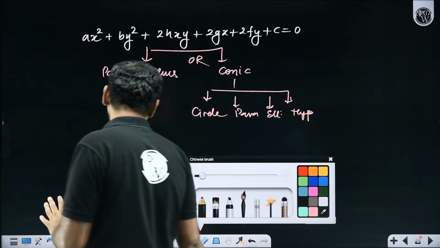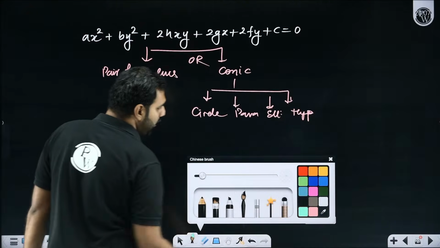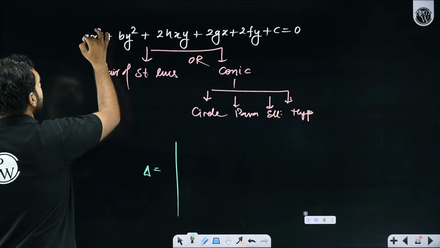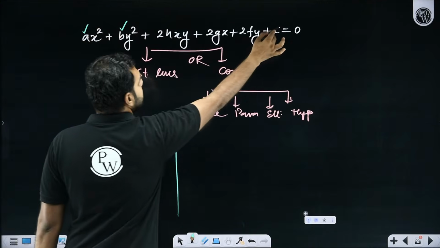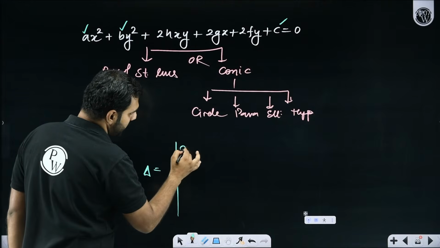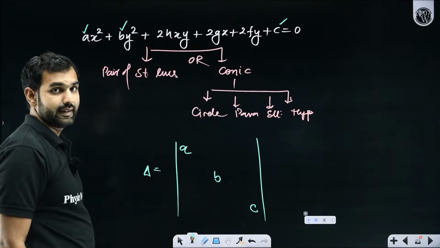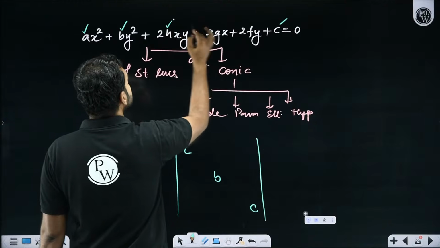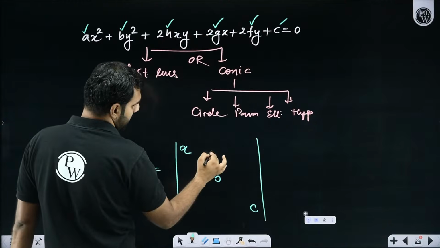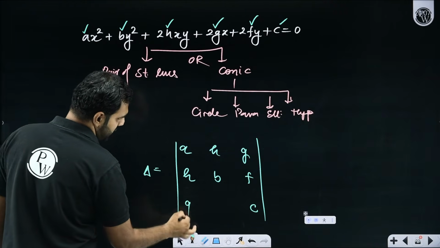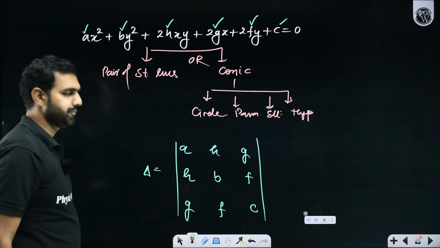That approach is such an interesting approach that all you need to find out is delta again. But here that delta is given by a, b, c at your principal diagonal, the principal diagonal elements. Then h, g, f placed in the remaining positions.